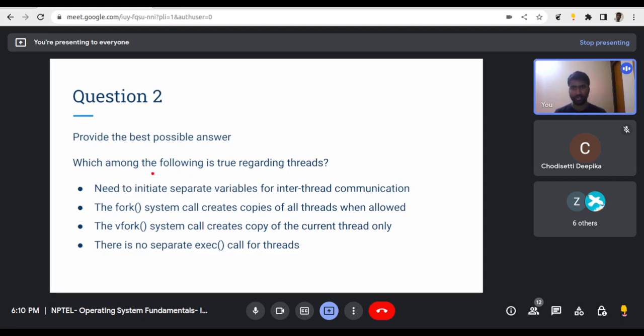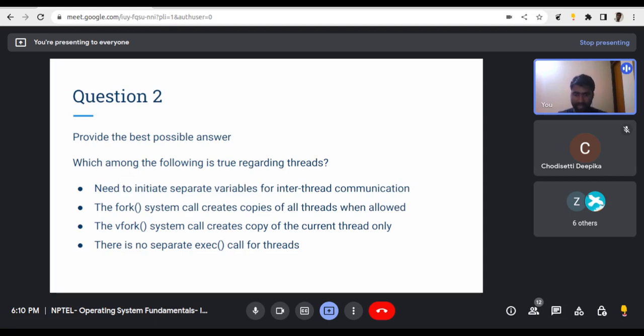Which among the following is true regarding threads? Do they need to initiate separate variables for inter-thread communication? The fork system call creates copies of all the threads when allowed. The vfork system call creates a copy of the current thread only. Or, there is no separate exec call for threads.